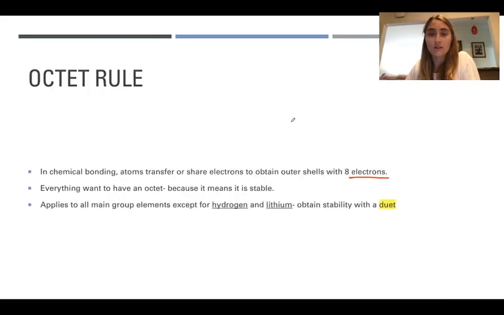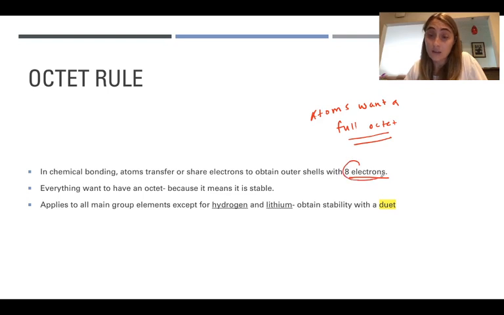It basically says atoms want a full octet because they want to be stable. So when we transfer or share electrons, we are going to try to reach those 8 electrons, or that full octet. Again, we still have ones that are happy as a duet, things like hydrogen and lithium, and that's sort of the exception to this octet rule.